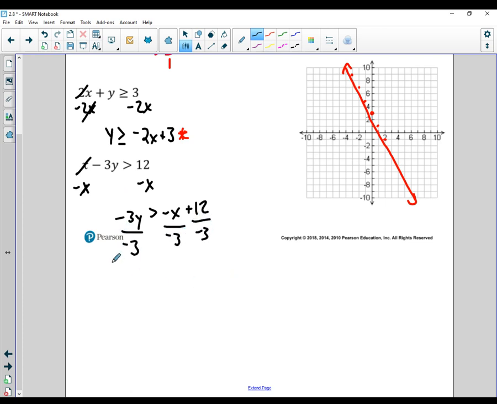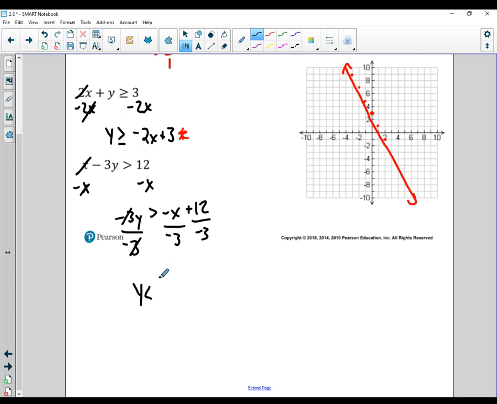And now here's where we have to be careful. We went over properties of inequalities before. When we multiply or divide by a negative number, this inequality has to switch. So we need to remember the stuff we learned previously. Since we divided by a negative number, this inequality has to switch. Negative divided by a negative is positive.